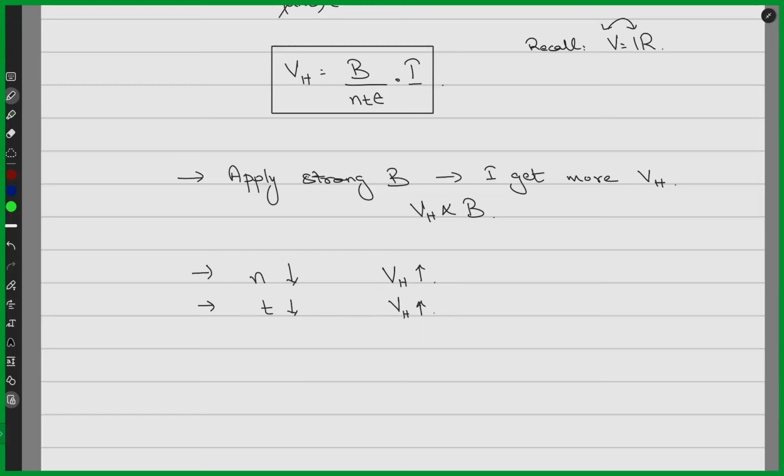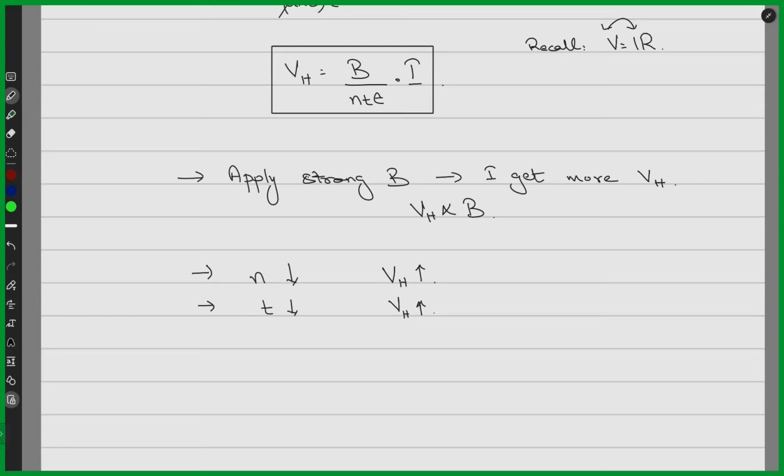So again, sometimes this effect is happening due to the magnetic field, and you would like to determine the Hall's voltage that is induced.